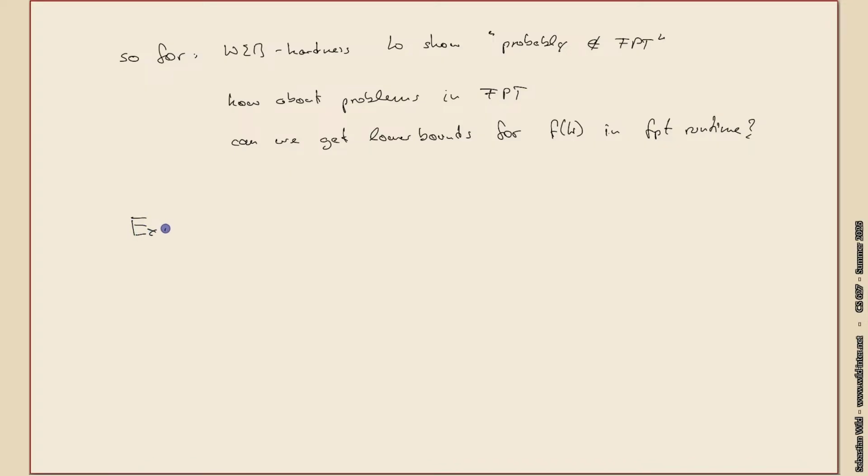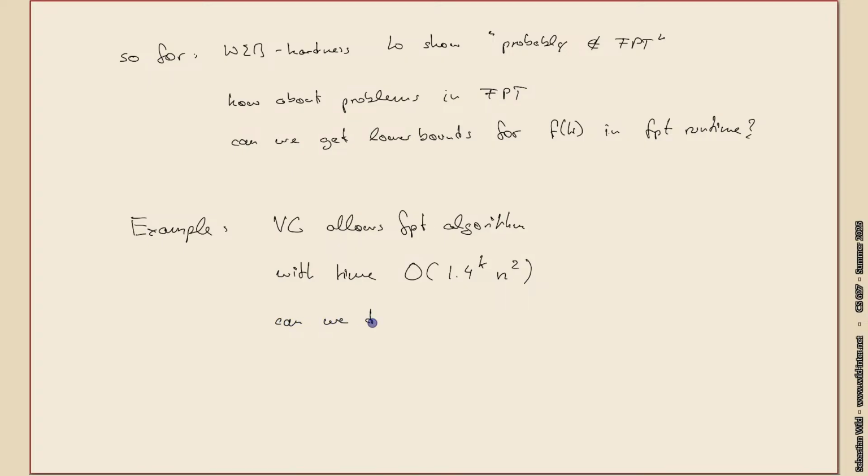Whatever the constant was, I guess here we can safely put an n squared, and that's going to be enough. Can we improve this further?